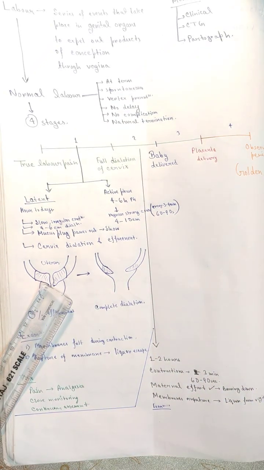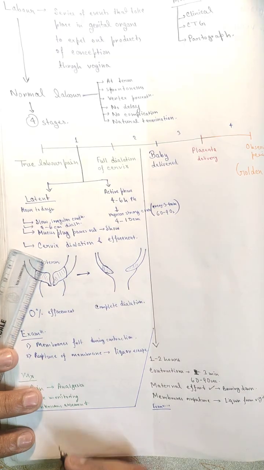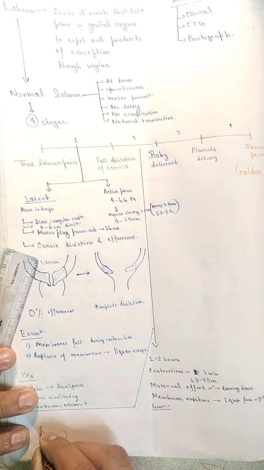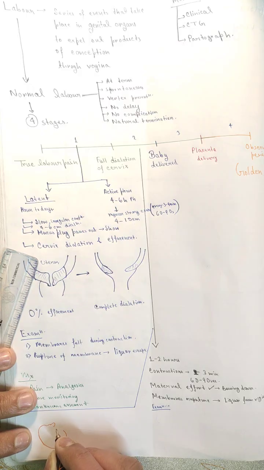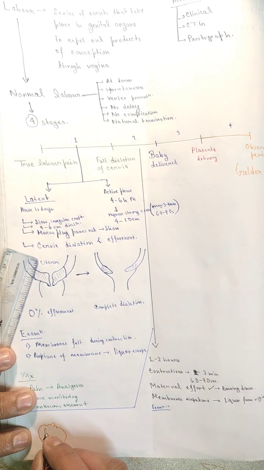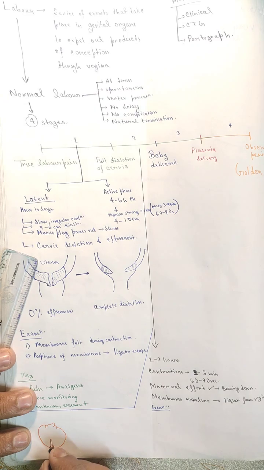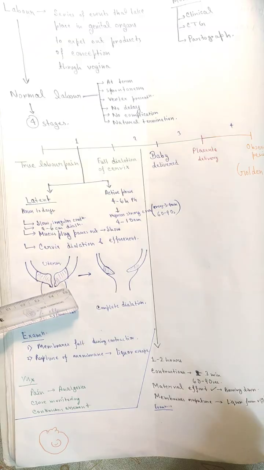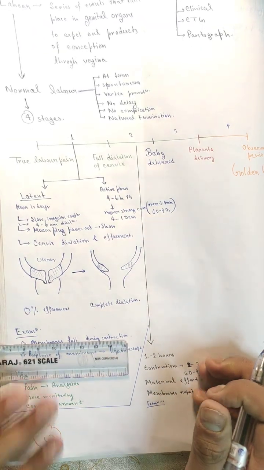So we have the head, just make a head, and now we have fifth finger rule.